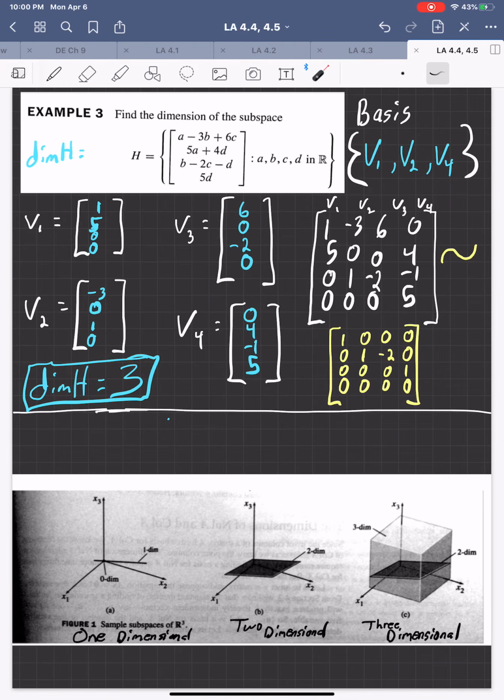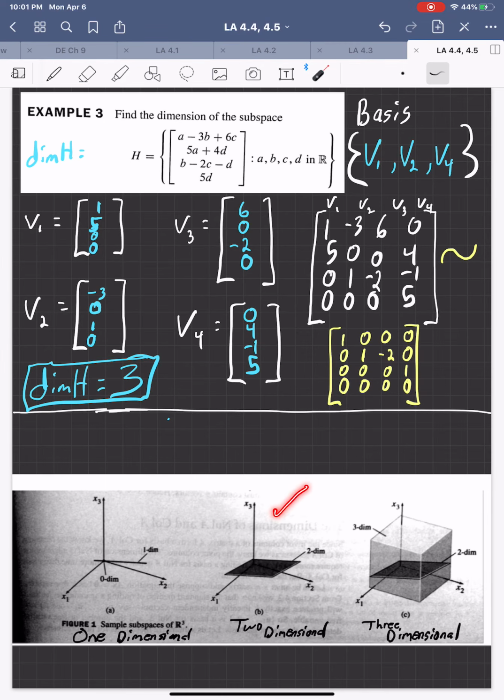Notice that in the very first picture, this is a subspace of R3, which is just a line, right, running through the origin. And we would say that is one-dimensional. That's a one-dimensional subspace of R3.